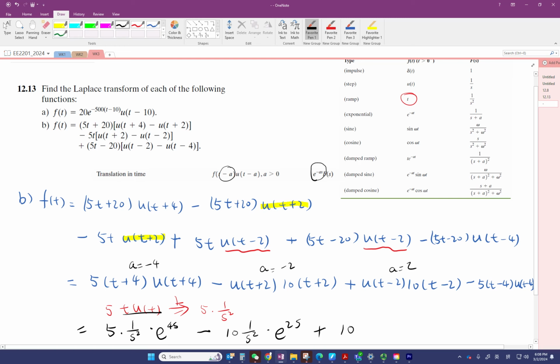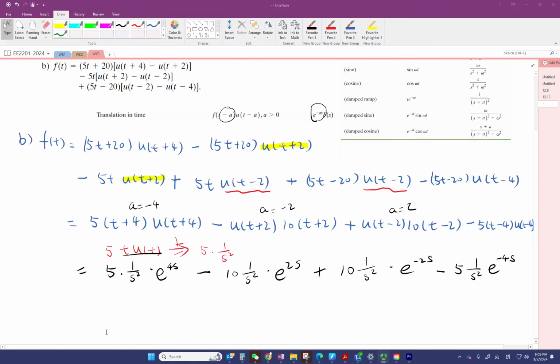This is a 10, 1 over s squared multiplied with e to the negative 2s, because a is a positive number this time. And minus a 5, 1 over s squared, and this is e to the order of negative 4s.